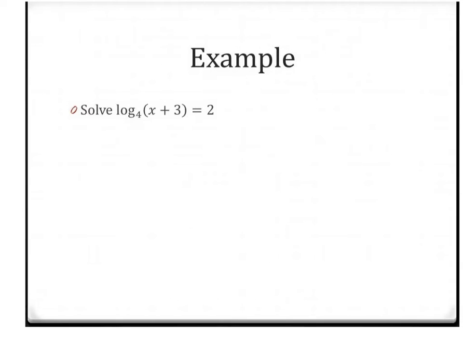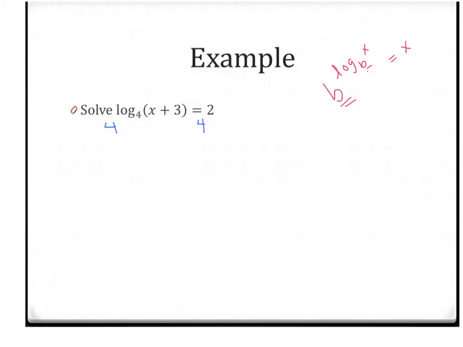Alright, so to show you what exponentiating looks like, first of all, this is going to go off the property we referred back to at the beginning, b to the log base b of x equals x, as long as this base and this base are the same. So one way you could solve this is by exponentiating, and you're going to make both bases be 4.